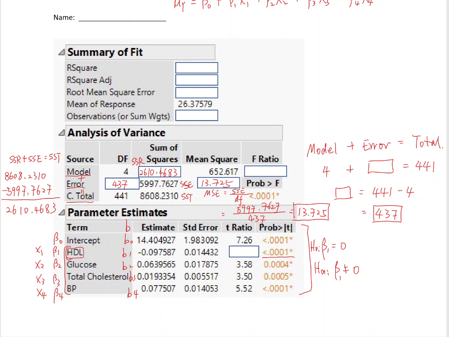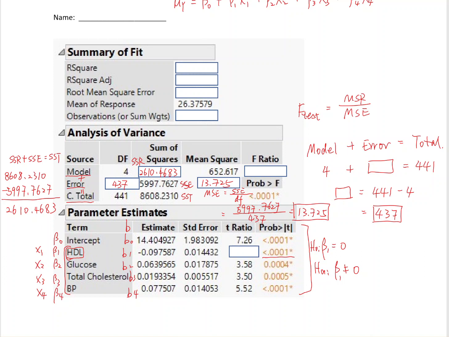The last column is the F ratio, which is the F test statistic. Do you remember the formula for the F test statistic? It equals MSR divided by MSE.